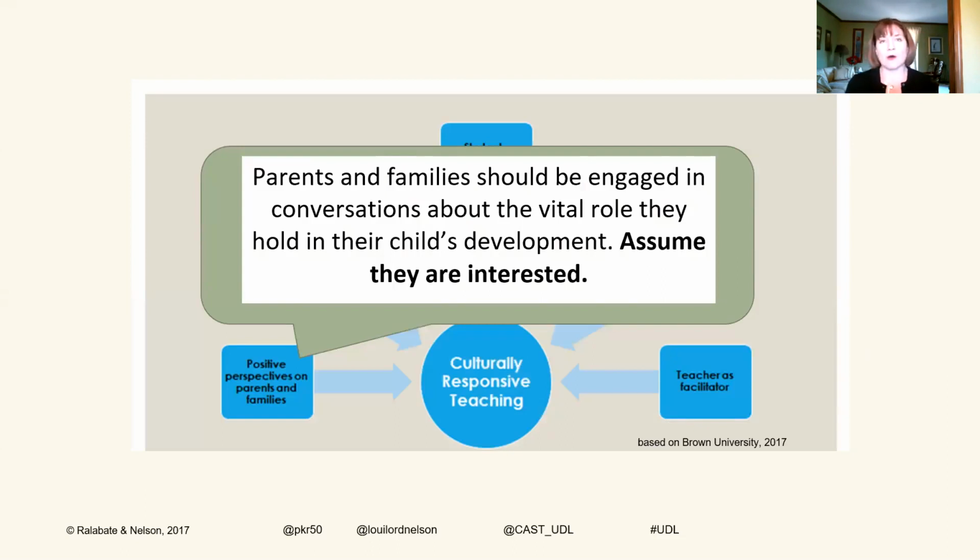When we think about some available resources, one of them comes from Teaching Tolerance, which is a website that's incredible if you haven't visited before. And there's a resource that will be placed in the chat box shortly. Specifically with that, there's an article in there on family engagement that I give you the link to.